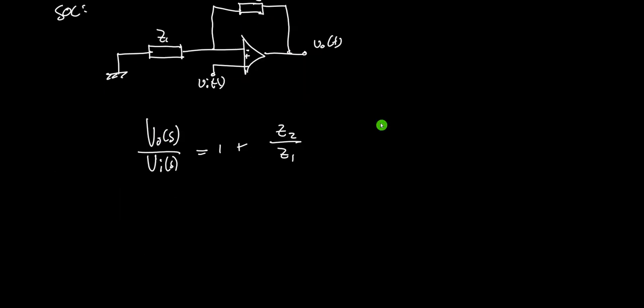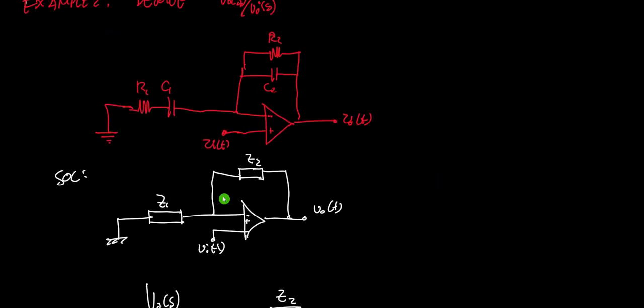So for Z1, Z1 is just equal to the sum R1 plus the equivalent impedance of this in the S domain. This is 1 over S C1.